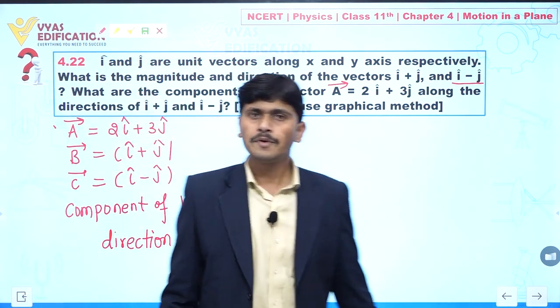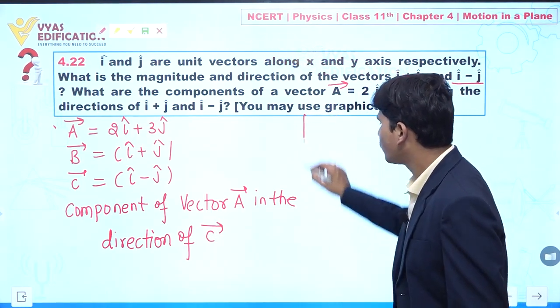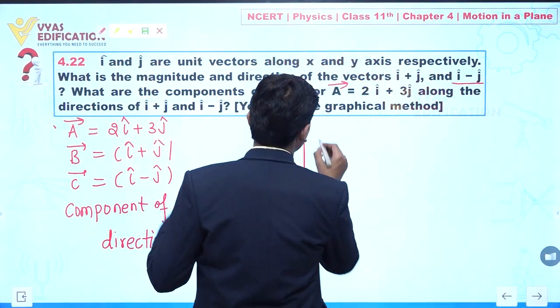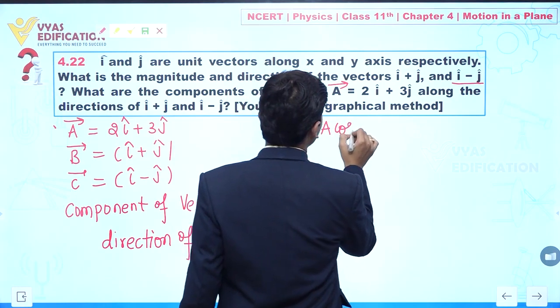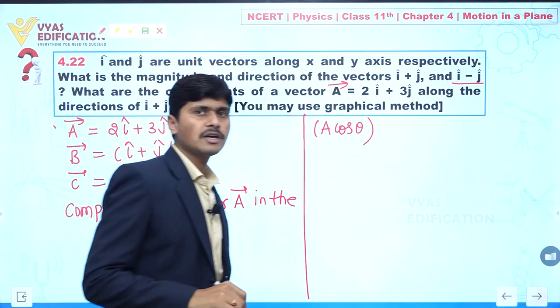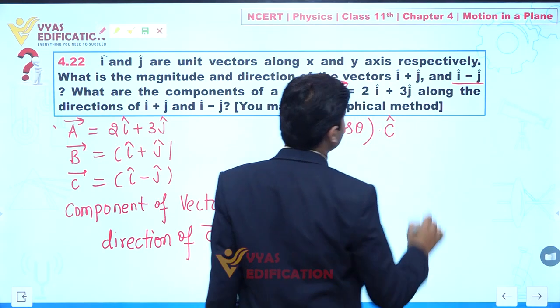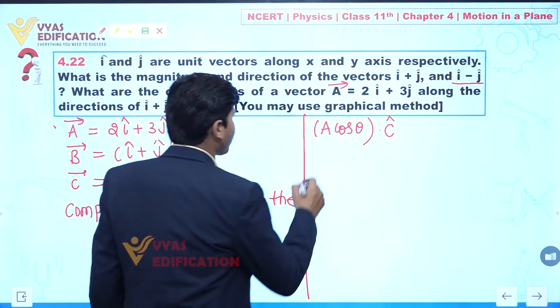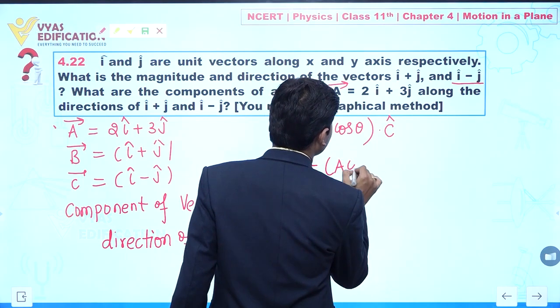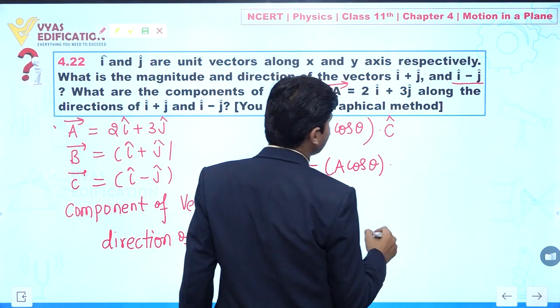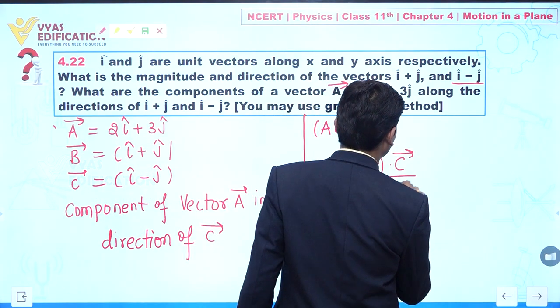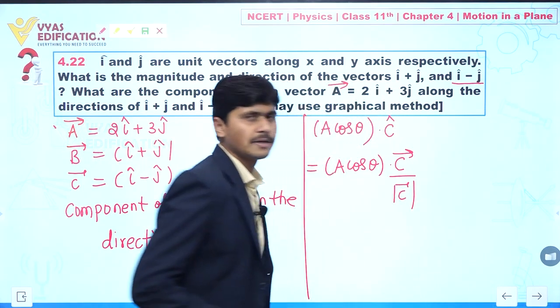We can write this as A cos theta, and we are talking about the component in the direction of C vector, so this is C cap, clear. So from here, A cos theta and C cap, this is C vector upon magnitude of C, clear.